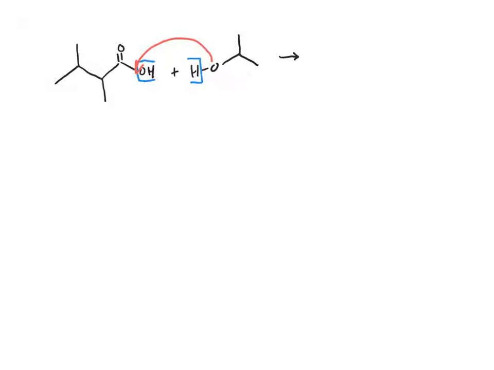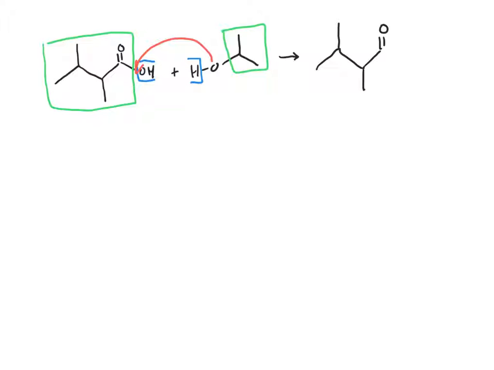The rest of both of the molecules simply gets pulled along and does not change. And so our resulting molecule is going to be our carboxylic acid that we started with, which looked just like this, but now with the OH removed. It is now going to be attached to the oxygen from the alcohol, and then the rest of the alcohol.